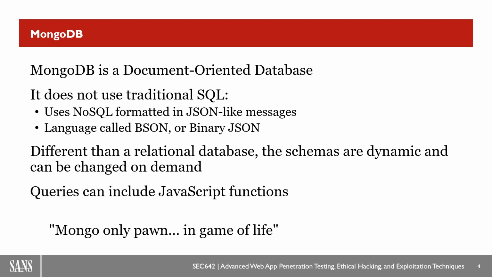The next one is a game changer. This is one of the biggest differences between a relational database and a Mongo instance: Mongo queries can, and often do, include JavaScript. Let's stop there for a moment. JavaScript runs in our browsers.